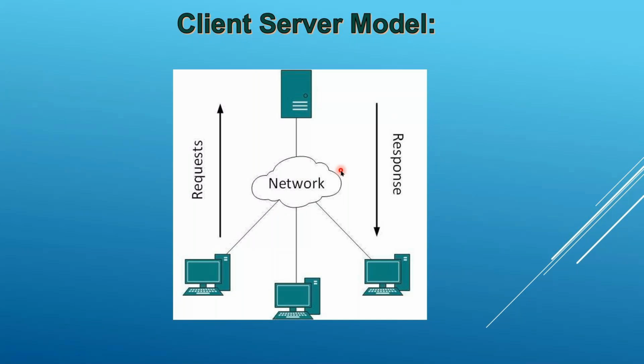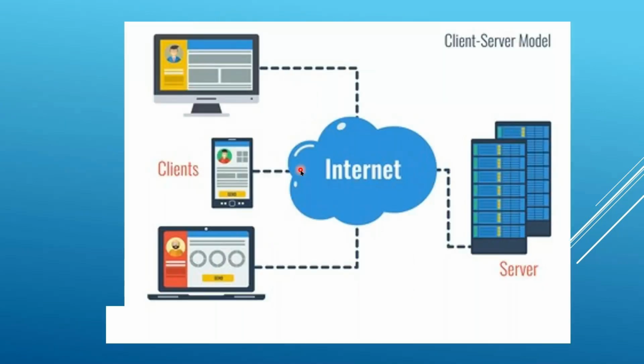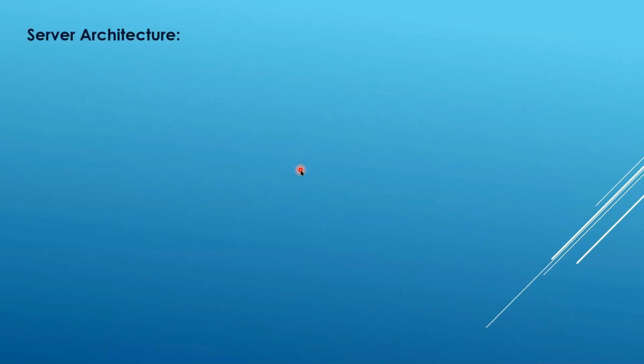So a server is a computer that serves information to other computers called clients, which are either desktops or laptops, through the network. So this is another model, the server client model. Either we can use a desktop or laptop, or even a tab to connect to our servers through the internet. Fine.